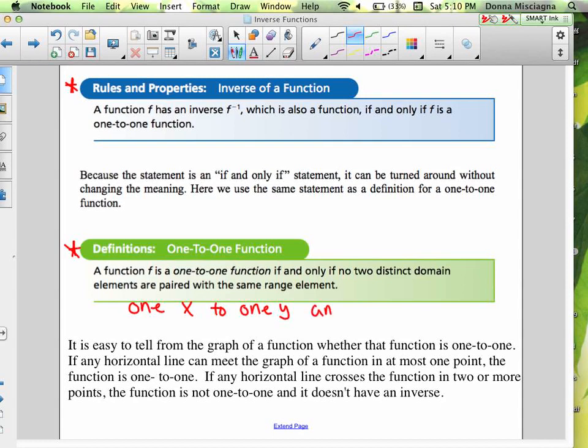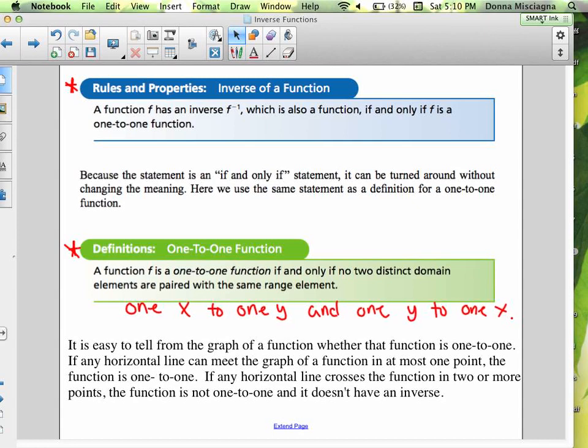And 1y to 1x. That's kind of where its name comes from, one-to-one. Every x is paired with one and only one y. And every y is paired with one and only one x. All right?